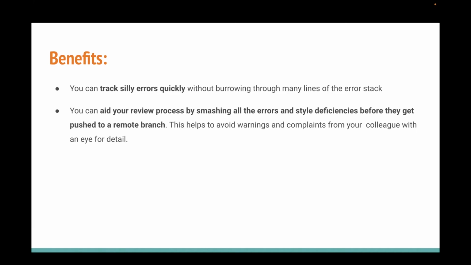For example, sometimes we might have a typo in our code base and mistakenly push it, and our reviewers might provide comments on it, consuming their time, and then we have to fix it again, push that code to the remote branch, and then get it deployed. With Rubocop, you can easily check those types of errors and fix them, and then push to the remote branch, which helps avoid warnings and complaints from your colleagues.